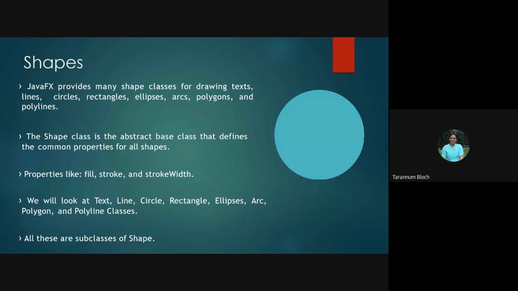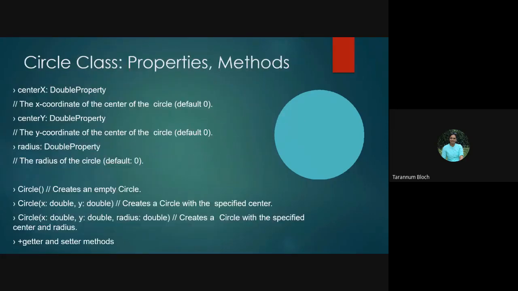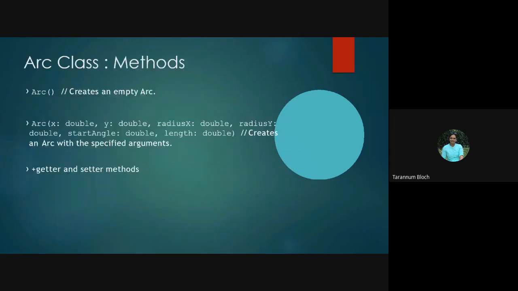So I was talking about the Shape class, and we said that the common properties, which are fill, stroke, and stroke width, and all the methods related to them, are directly available in the subclasses of Shape, and the subclasses of Shape are Text, Line, Circle, Rectangle, Ellipse, Arc, Polygon, and Polyline classes. And we have seen all the methods and constructors available with all these classes.